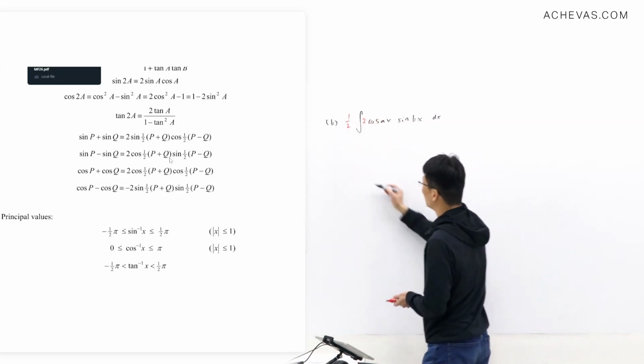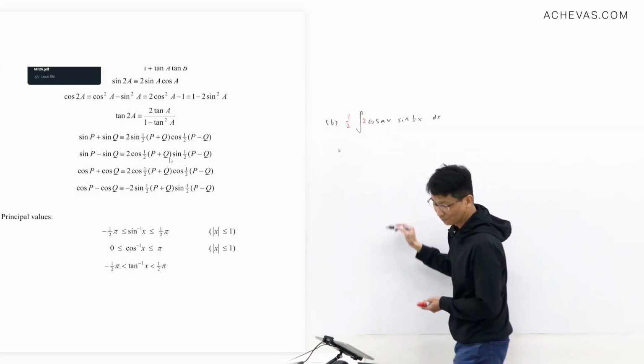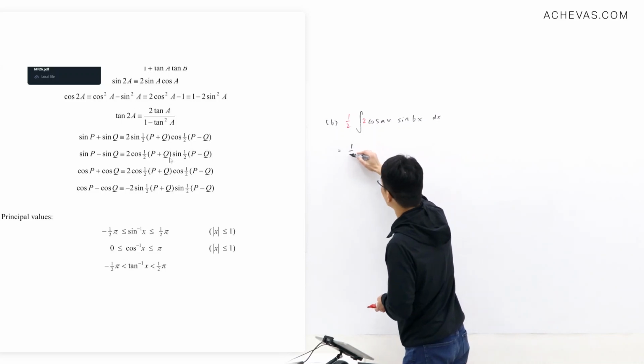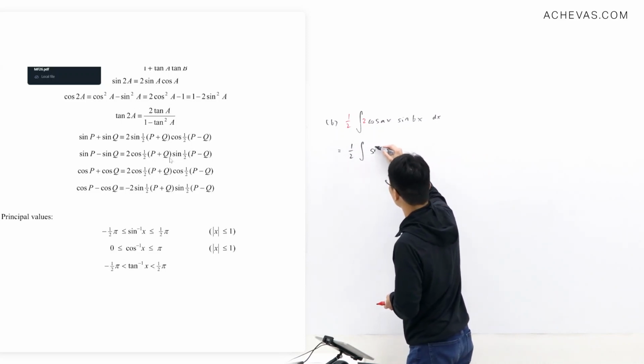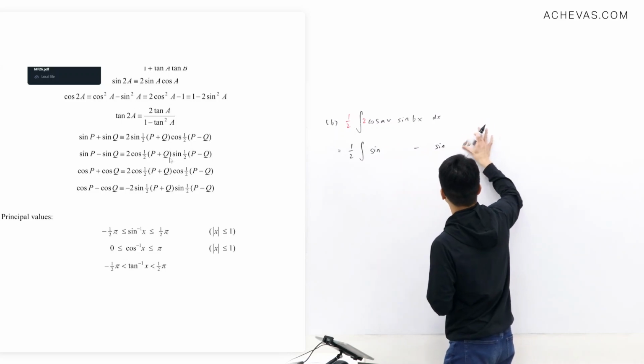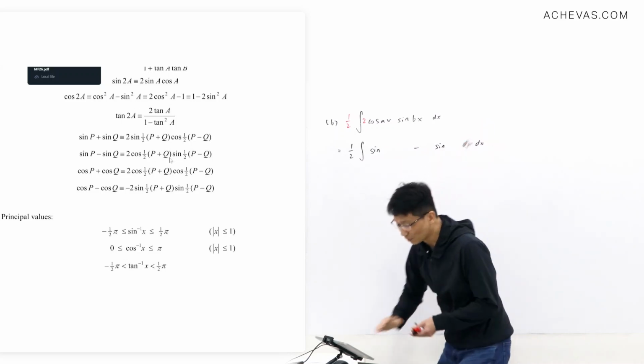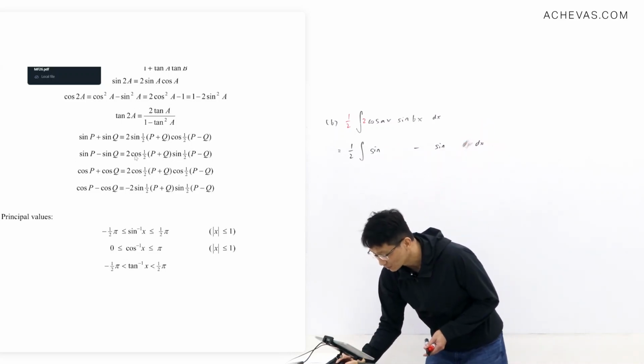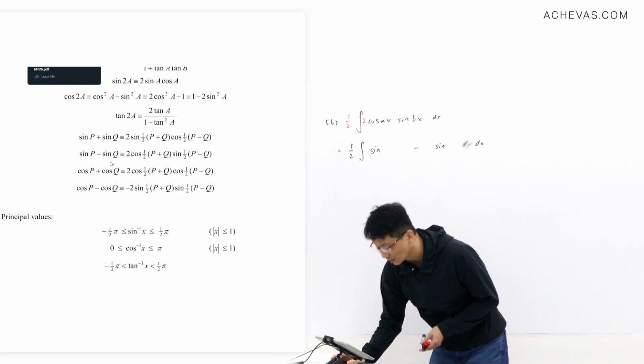So I know that when I change the form via the factor formula, I will get half integration of sine p plus sine q dx, according to this formula here. So 2 cos sin, when you change it, becomes sine plus sine.